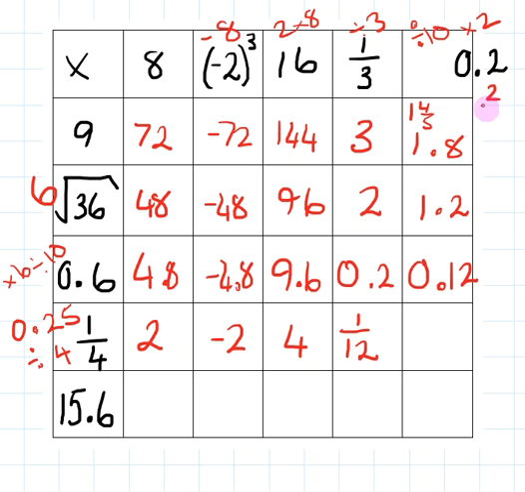This could also be 2 tenths or 1/5. So we could do 1/4 times 1/5, which is 1/20, or it would be 0.2 divided by 4.